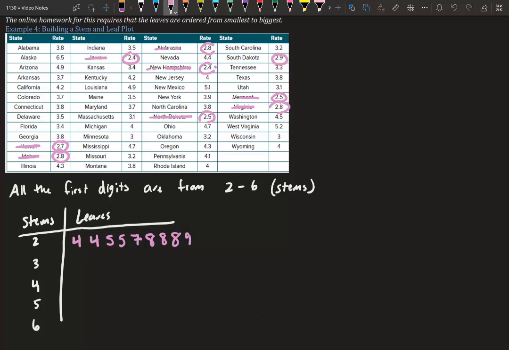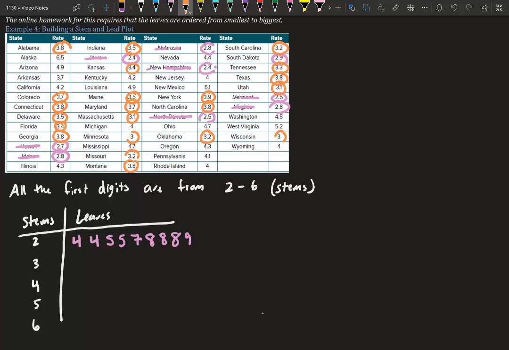Alright, now we're going to do the same things with 3s. So let's look at everything that has a 3. Alright, the ones circled in orange are all the ones with 3.